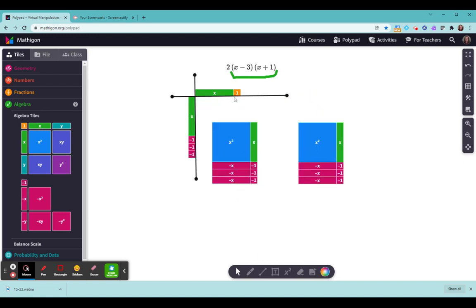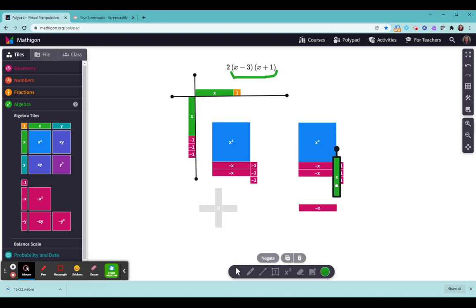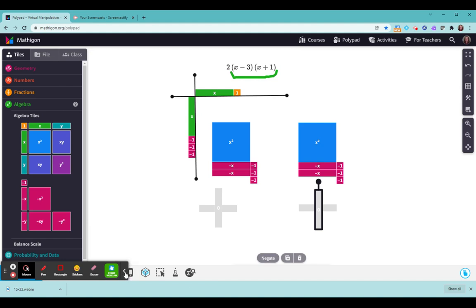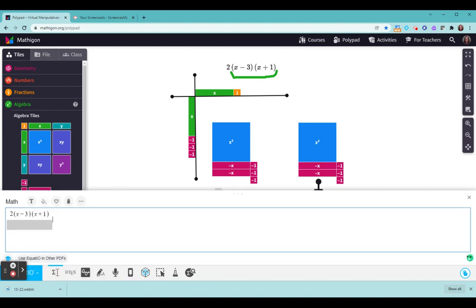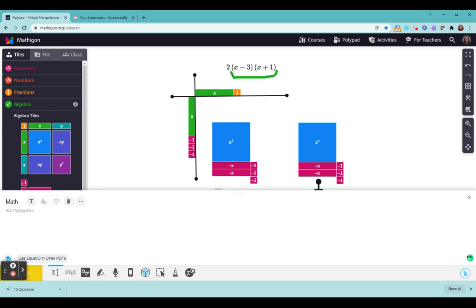So now we need to simplify. I know that a negative x and a positive x cancel off and get me 0. I know that a negative x and a positive x cancel off and get me 0. So I am left with 2 x squared terms.